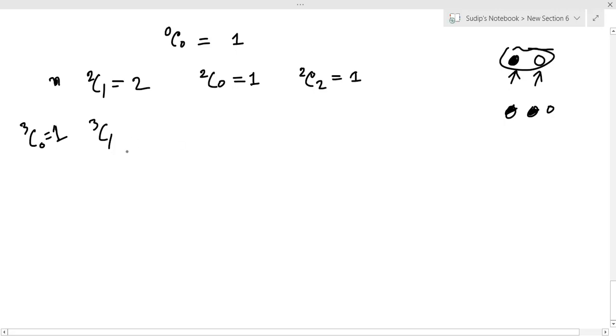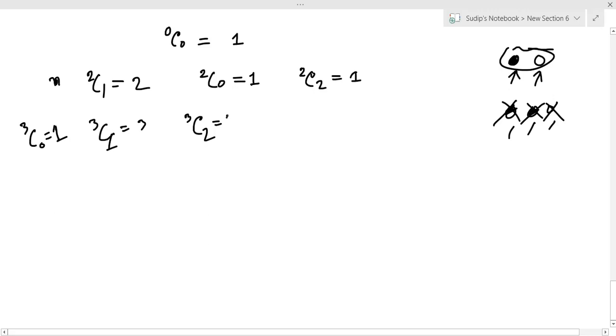If you have to choose one ball, then you have three options, either white or black or semi-white, that is 3C1 is 3. If you have to choose two balls from 3, 3C2, you can take these two or these two or these two.